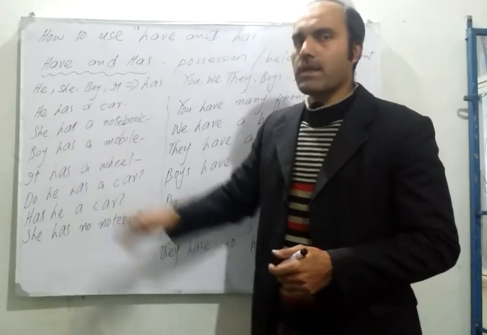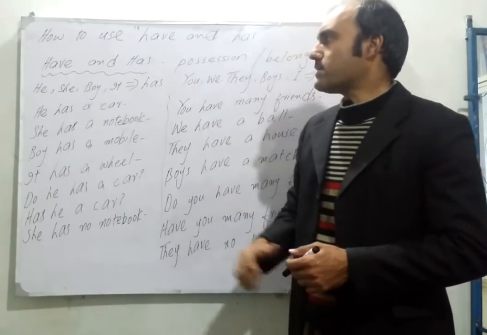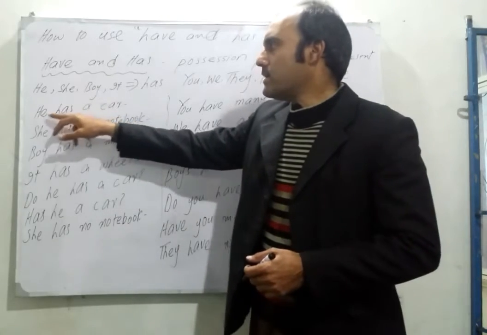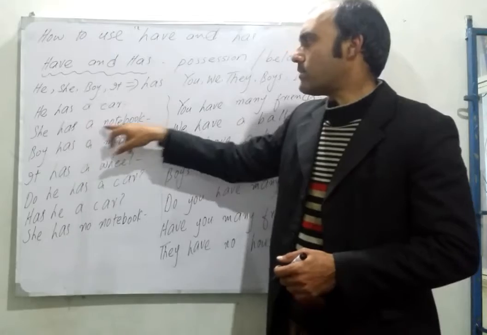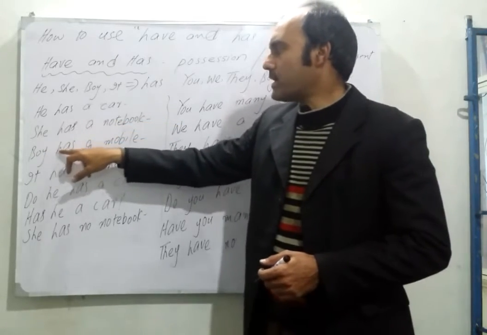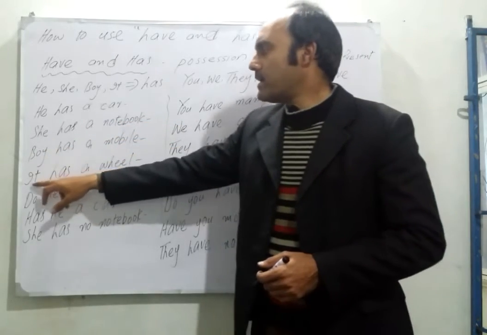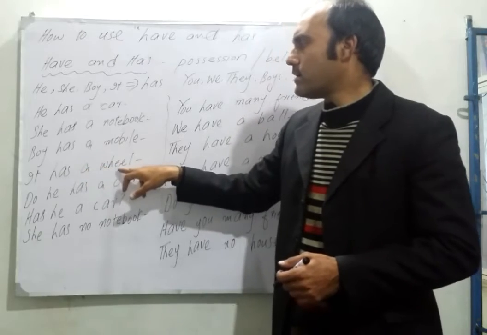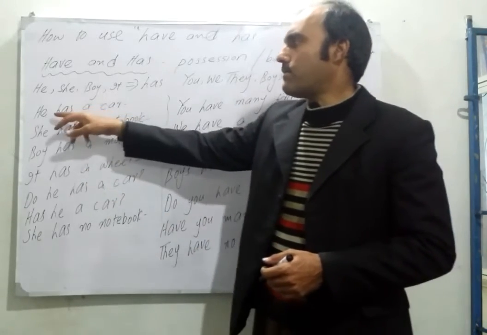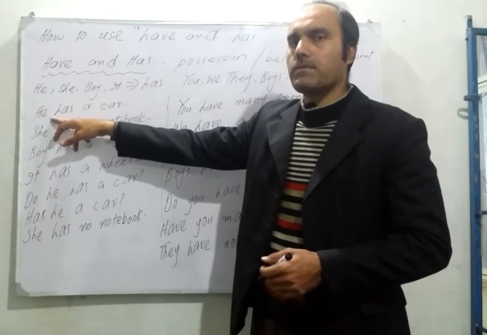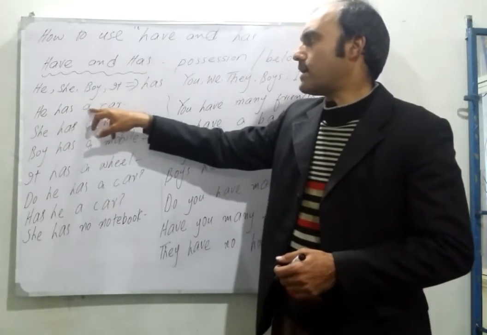These are some of the examples. Pay attention to these. He has a car, she has a notebook, boy has a mobile, it has a wheel. These are four examples. If we look at the first example, he has a car.